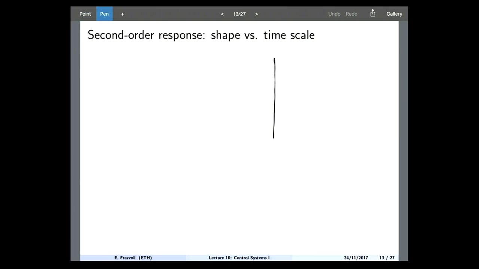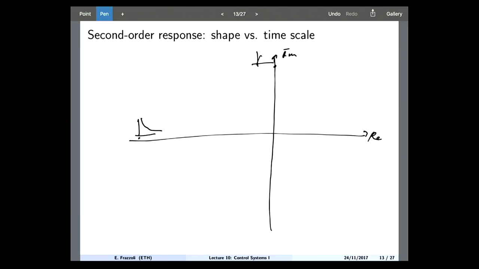And the usual drawing, right? So on the complex plane, real part, imaginary part. Remember what the response of a second order system looked like, right? So essentially, when you're far out on the real axis, then you have an exponential that is decaying. If you are on the imaginary axis, then you have just a sinusoid, right?